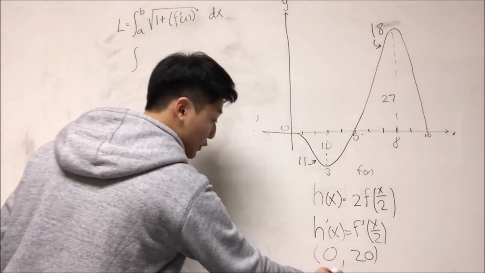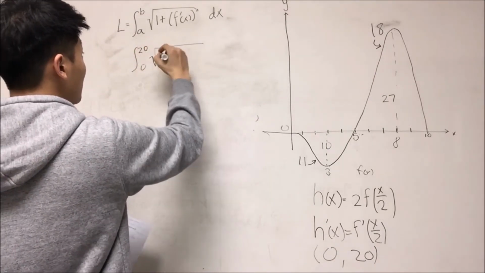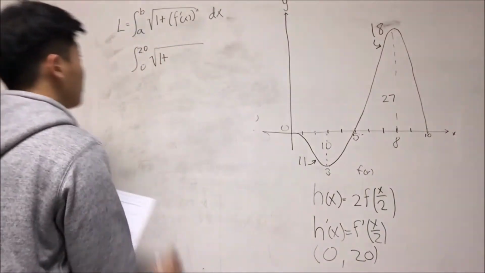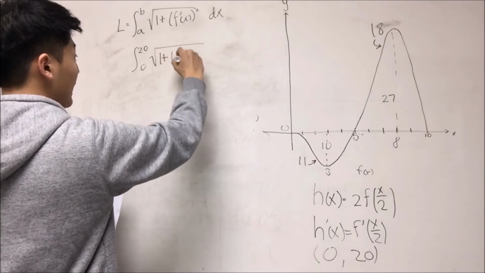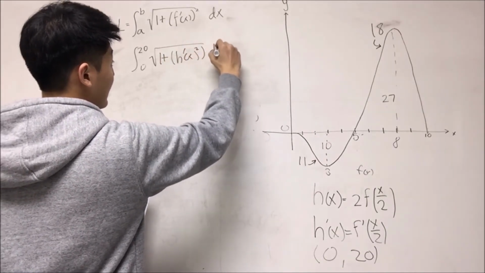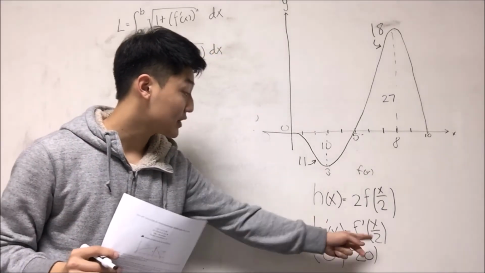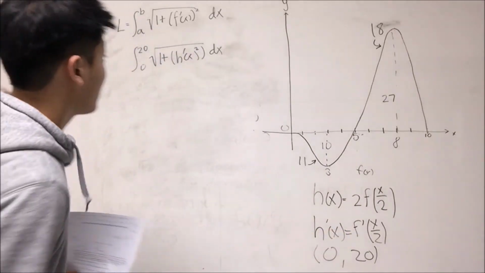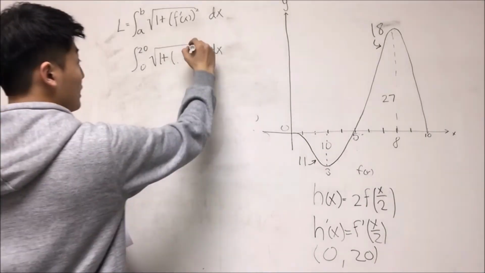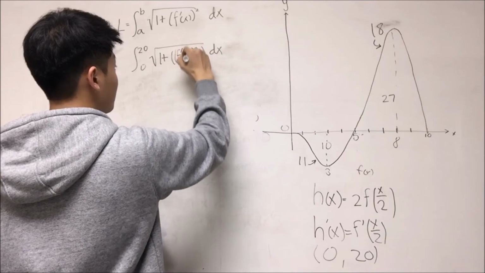Because it is 0 to 20, the integral from 0 to 20 of the square root of 1 plus, because this problem is about h of x, we'll substitute h prime x squared dx. And now, because we know h prime x, let's substitute f prime x, which is, make it less confusing by doing this, f prime x over 2.